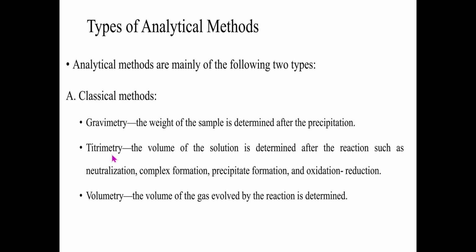The next type is the titrimetry method. The volume of the solution is determined after the reaction. In this particular type of titration, we determine the volume of the solution after the reaction. Now, what type of reaction does the solute compound undergo? The compound undergoes a neutralization reaction, complex formation reaction, precipitate formation reaction, and oxidation reduction type of reaction, which we can also call a redox reaction.